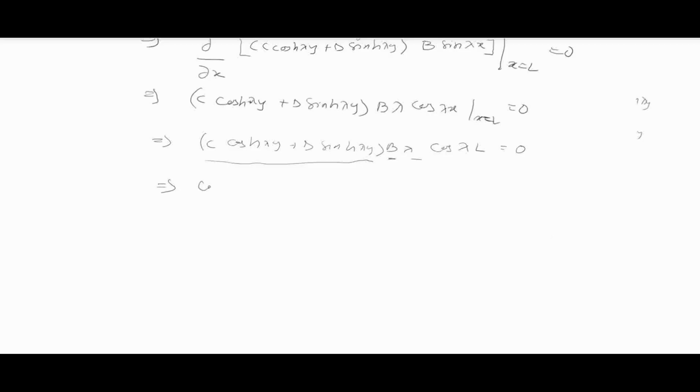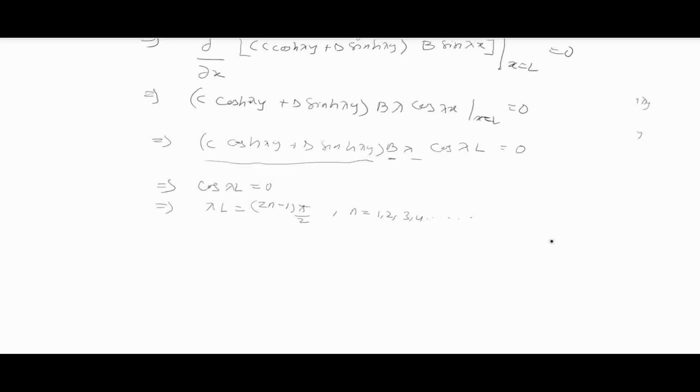That implies when cos lambda L is equal to 0, lambda L is equal to 2n minus 1 into pi by 2 for n is equal to 1, 2, 3, 4, and so on.